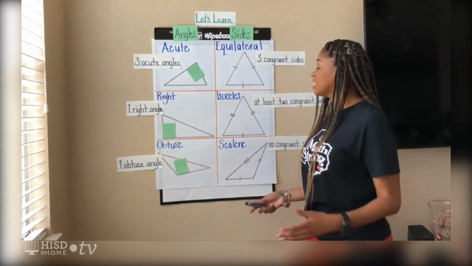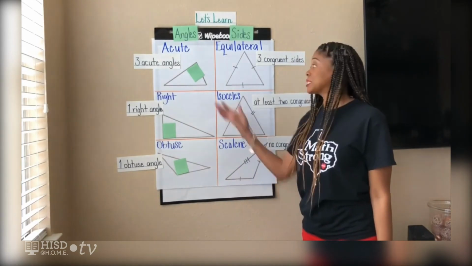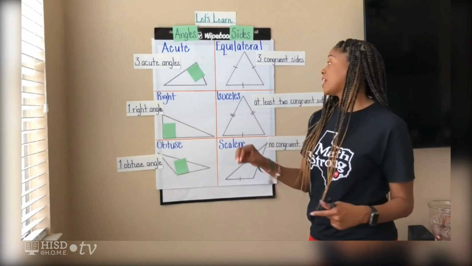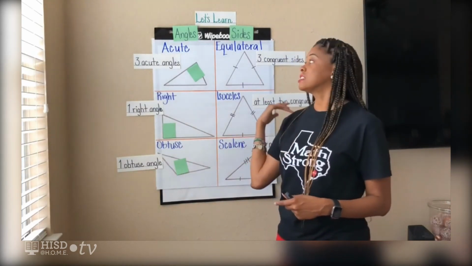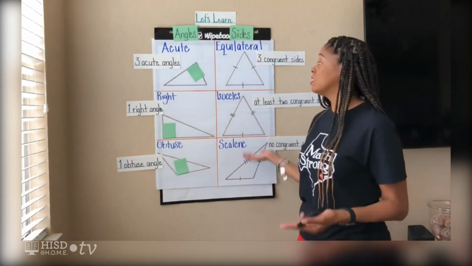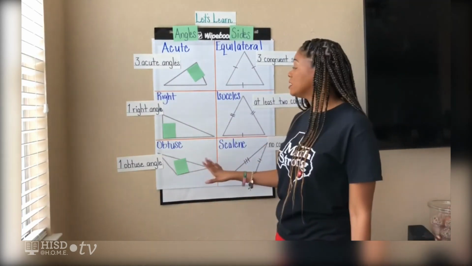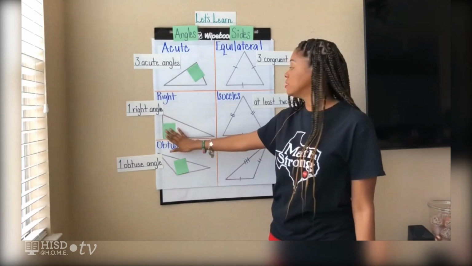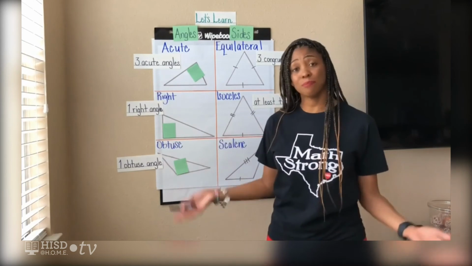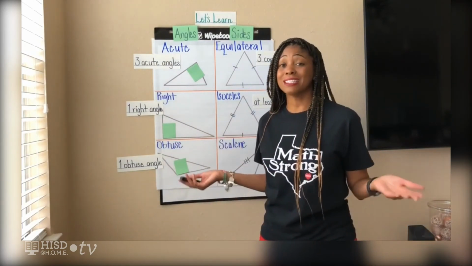And the one thing that I want us to talk about when we talk about these sides and we talk about the angles is that we have to definitely classify the angles as what they are, and based off of these, they could be anything. But one thing we know is that if I have a right triangle, one of the angles is 90, so the other two cannot be 90, but the other two could still be the same.